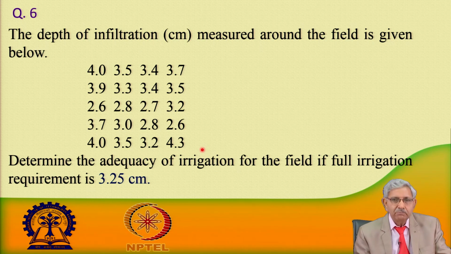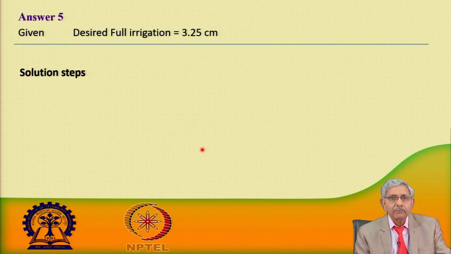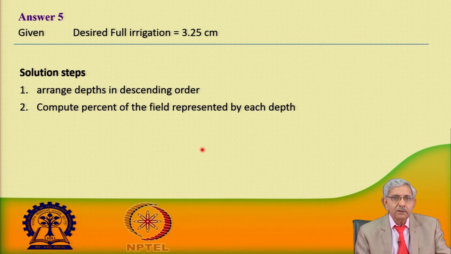The values of infiltration have been obtained, and we are required to obtain the adequacy of irrigation for the field if full irrigation is given as 3.25 centimeter. So, the desired full irrigation is 3.25 centimeter.